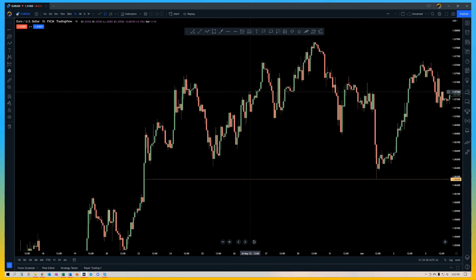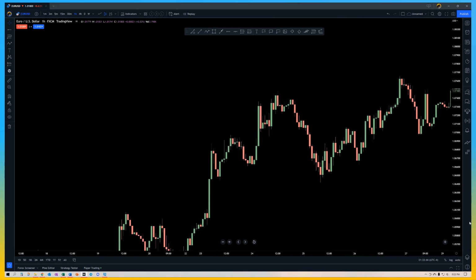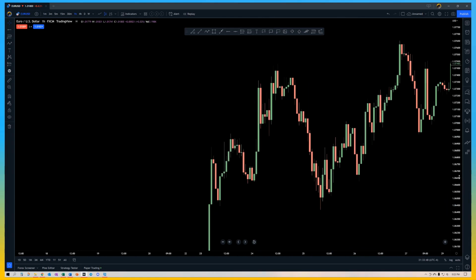But you see price came up, reversed, and came right back down to mitigate this imbalance of this institutional candle. And so again, it's just another exit way that I have seen when you're using large momentum candles or institutional candles or imbalances in the market to manage when you close your trade.